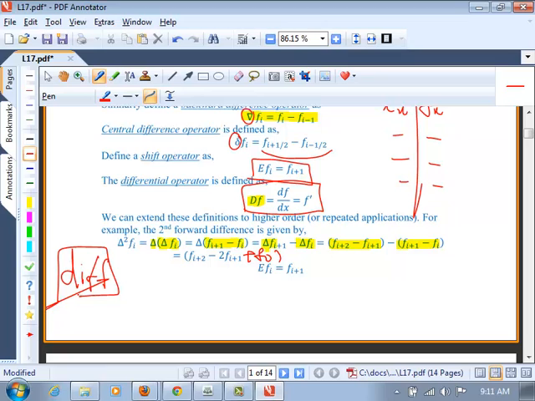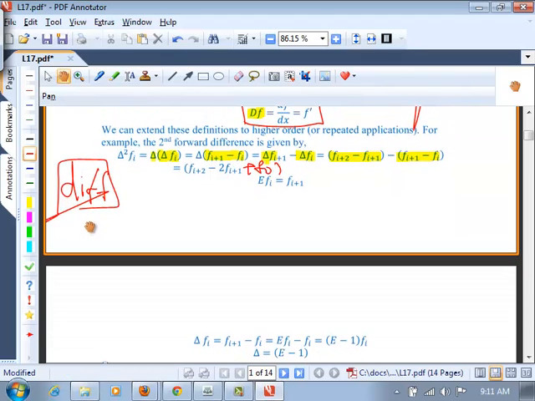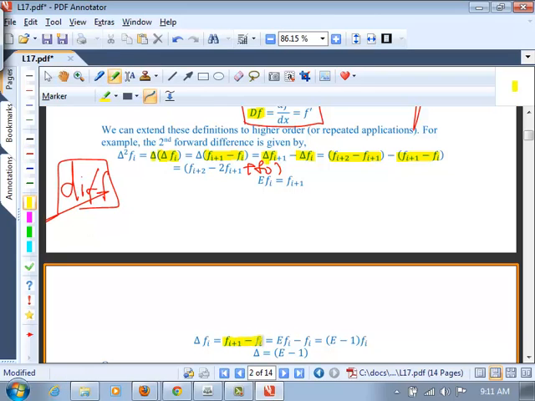So E fi by definition is defined as fi plus 1. Delta fi by definition is defined as fi plus 1 minus fi. Okay? So what if I take this fi plus 1 and replace it with E of fi here? Okay? So then I'm trying to now discover the equivalent relationships between the various operators. So delta fi is equal to E fi minus fi. Okay?